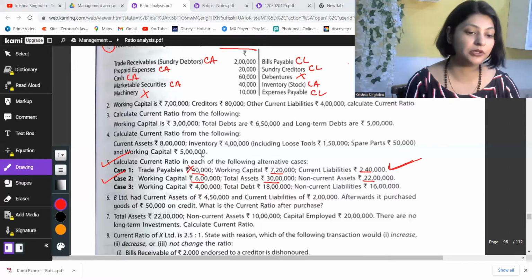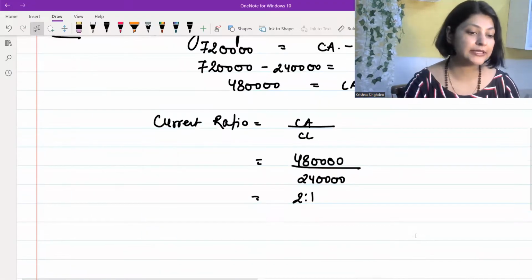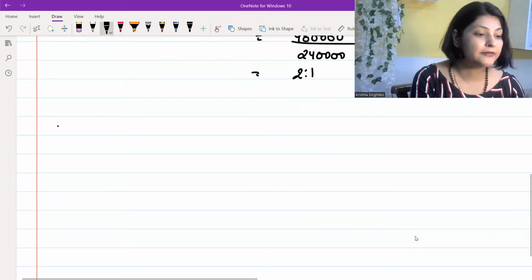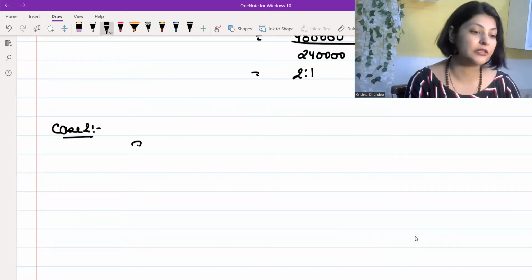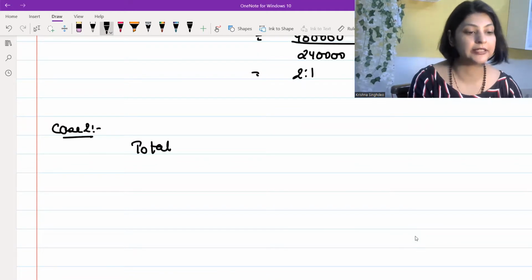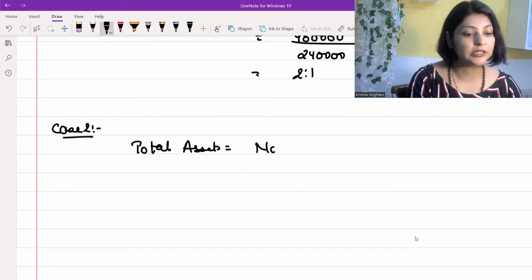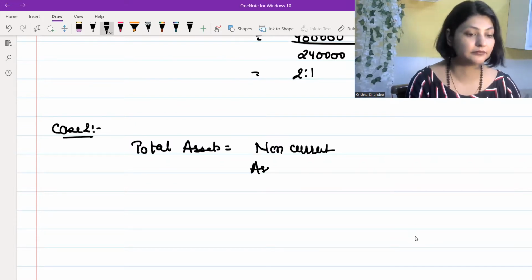I'm sharing my notebook with you now. So what you can see over here, you can first of all find out the current assets. And what is the formula of finding out the current assets? I will write total assets is equal to non-current assets plus current assets.